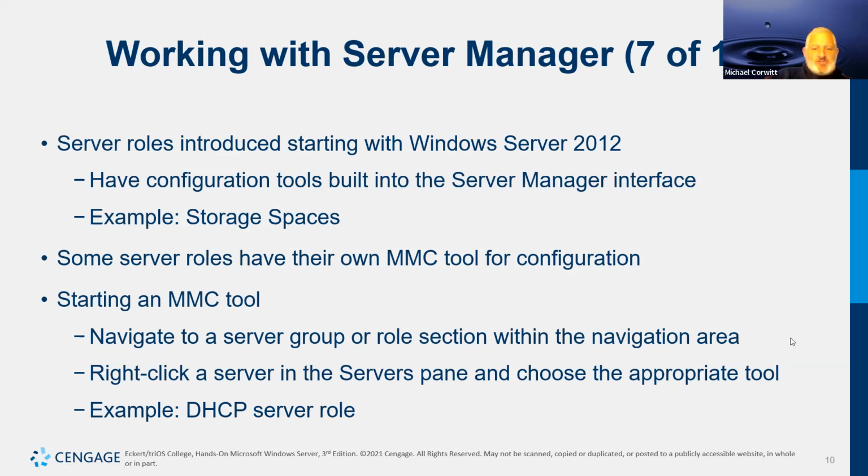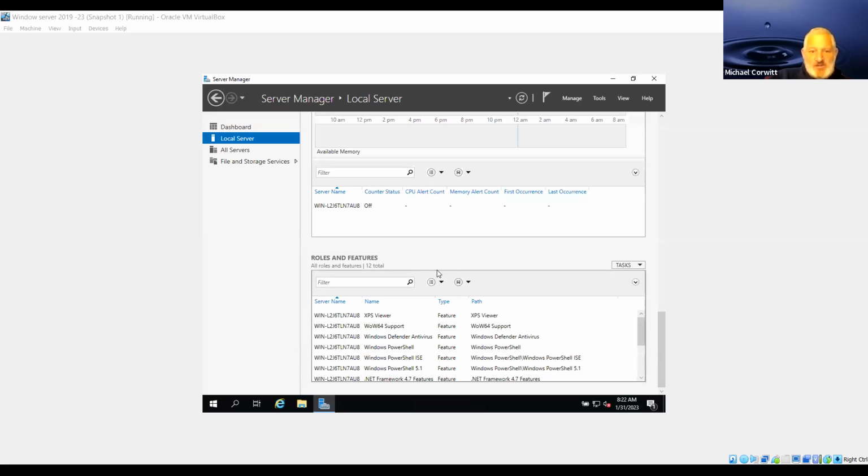Example, DHCP server role. So let's see if we can do that. Let's see if we can actually do a live demo here. Maybe we can do it live. I'm going to check and see. Okay, so servers and roles. I'm going to look for DHCP. I don't see it at this point. I have PowerShell.